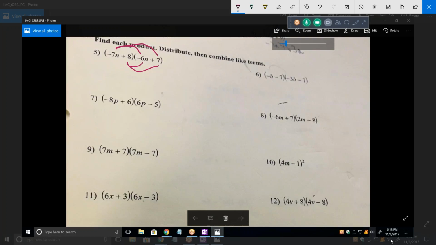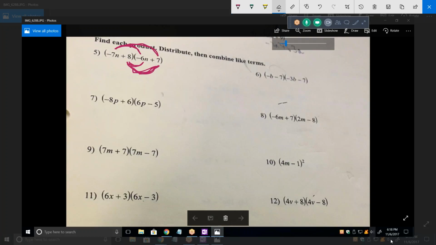The F stands for first, the O stands for outside, the I stands for inside, and the L stands for last. So FOIL is fairly nice in terms of how to do it, but it's really ET. You're just taking every single term and multiplying it by every term that is in the other parentheses.